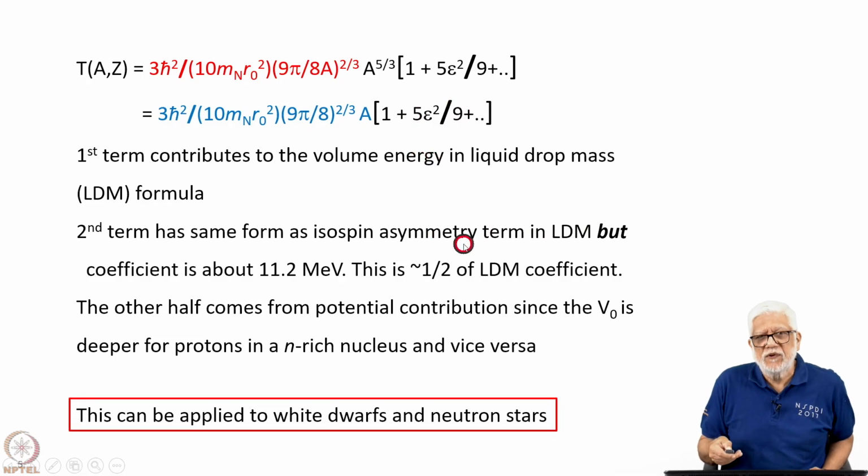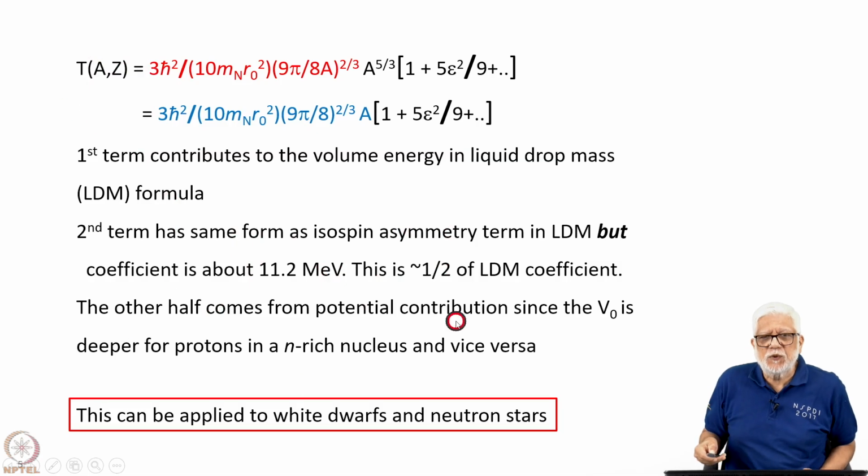If you remember, a few lectures ago there was an (N minus Z) squared by A term, and this gives you a rationale for that term, because this is something which is proportional to epsilon squared. We can see that this only contributes about half of that coefficient, and this is because we have only considered the kinetic energy.